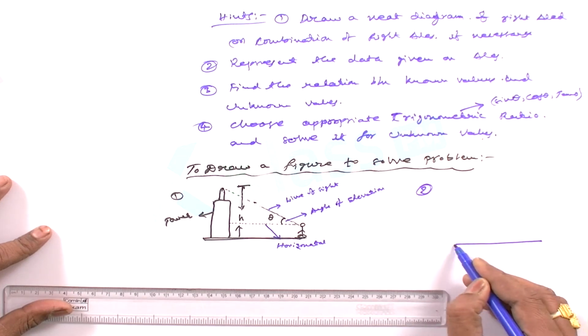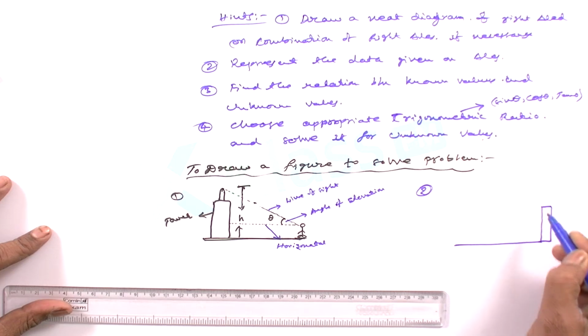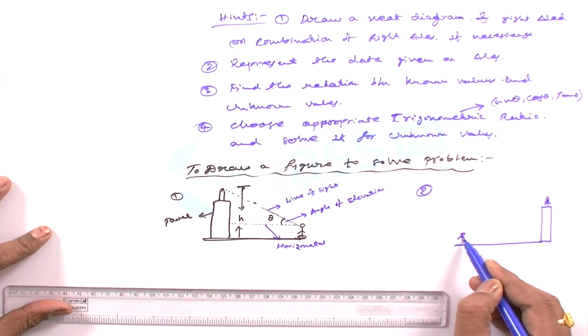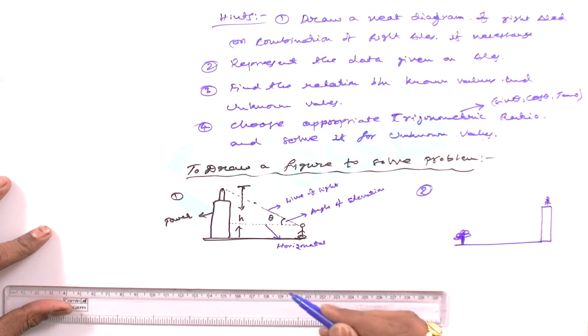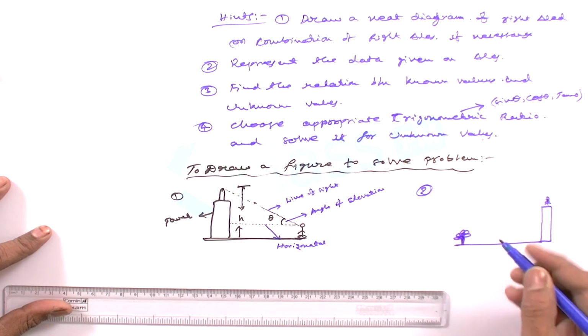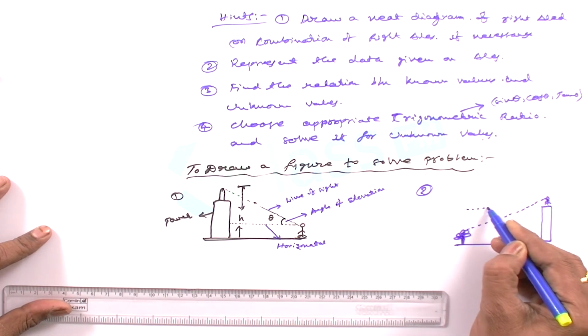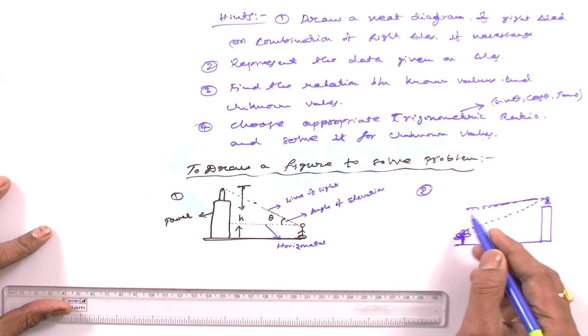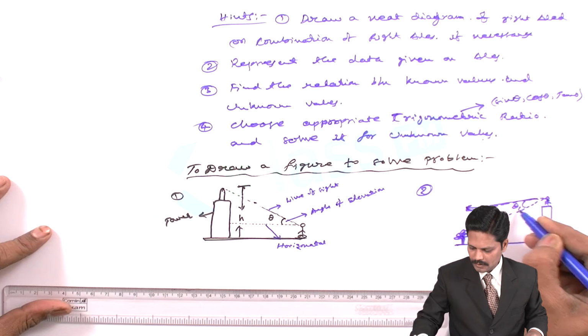I am taking one more building or tower. A person is standing here, and he is watching one plant or tree. How is he watching? This is the horizontal, and he forms an angle here, theta 1.